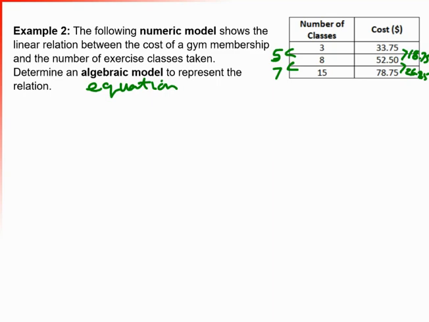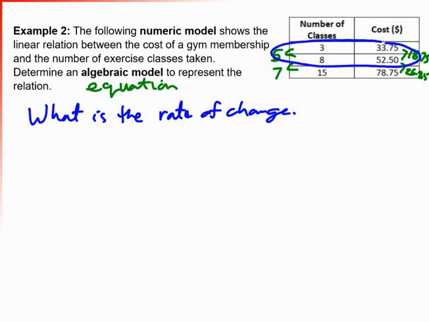Okay, so the rate of change is from any points. So if we want to find out the rate of change, all right, we can find that from one of these sections. So the rate of change would be our slope, right? Our slope is rise over run. Now, if this is the x, this is the y.